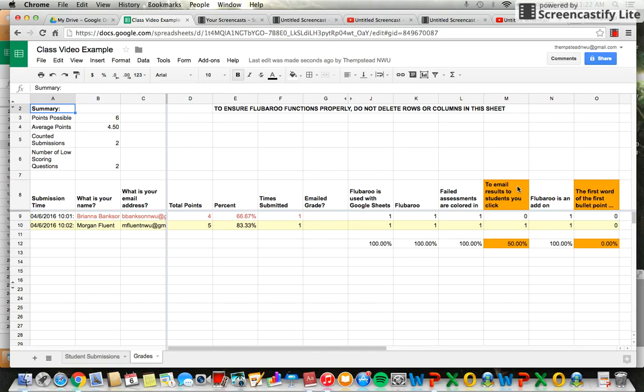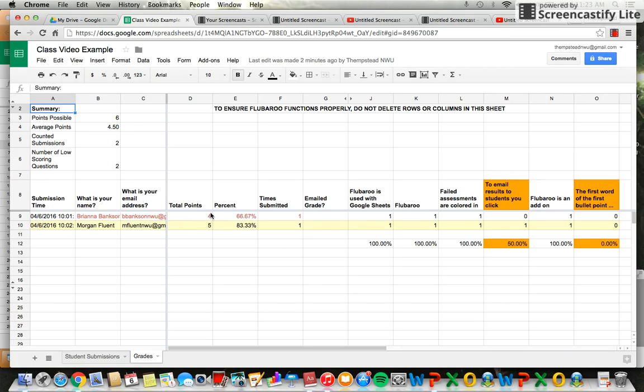Next, you're going to have your identifications, and so that's all going to be right here. So it'll say students' names, it'll give their emails, and that identifies which students are which. It'll go for then total points that those students earned.